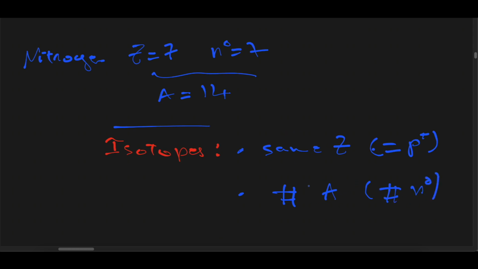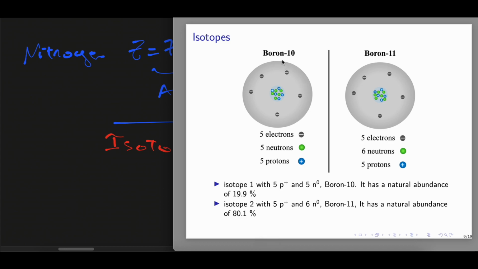That are the isotopes. As we can see here, we have boron 10 and boron 11 that belong to the element boron. So each of these two isotopes or two atoms, both of them have 5 electrons, and also they have the same number of protons, but they have different number of neutrons. The boron 10 has 5 neutrons and boron 11 has 6 neutrons.